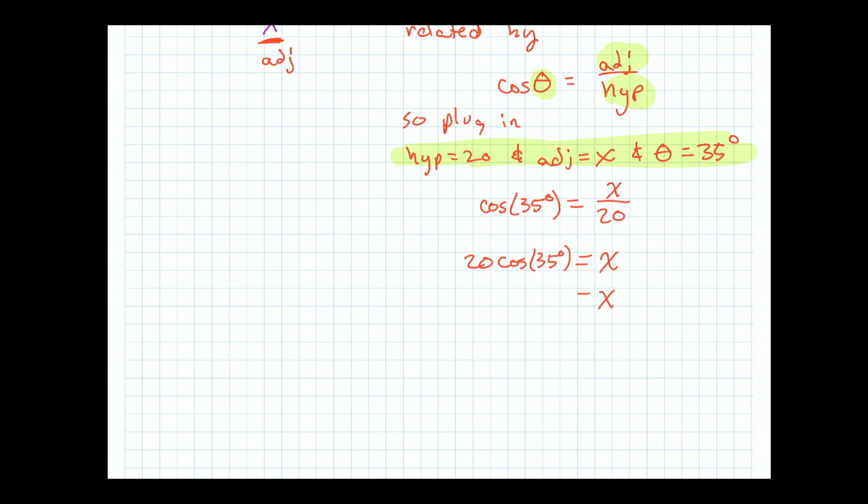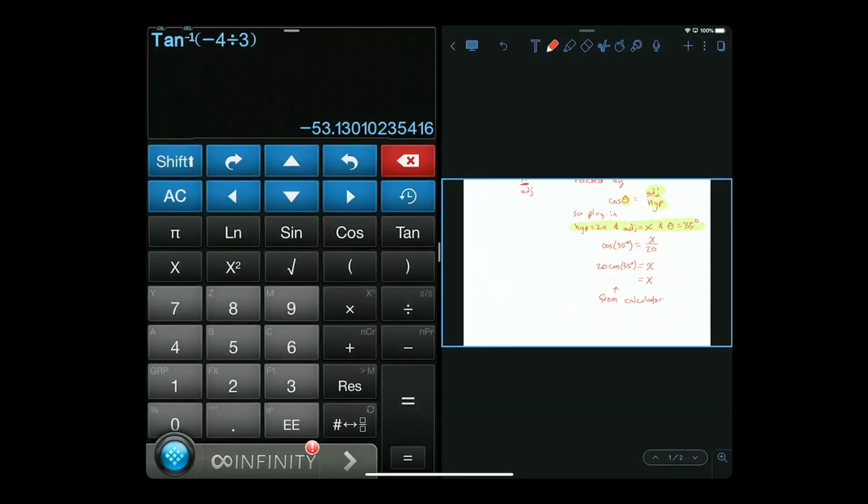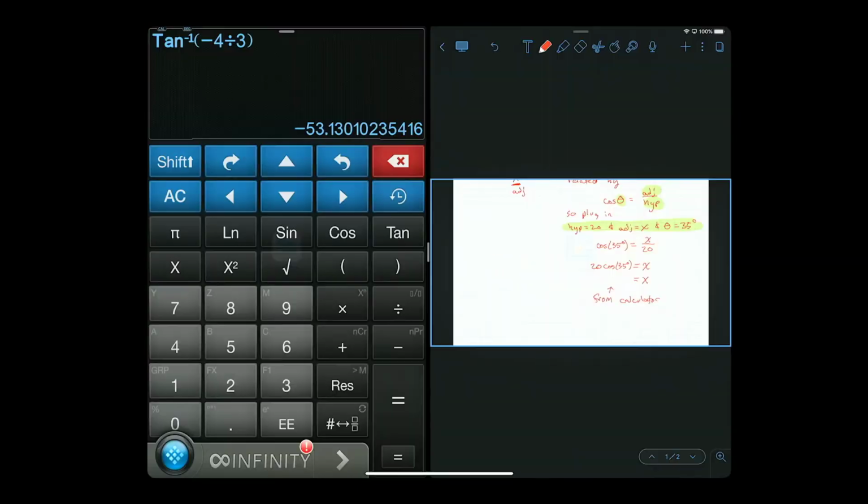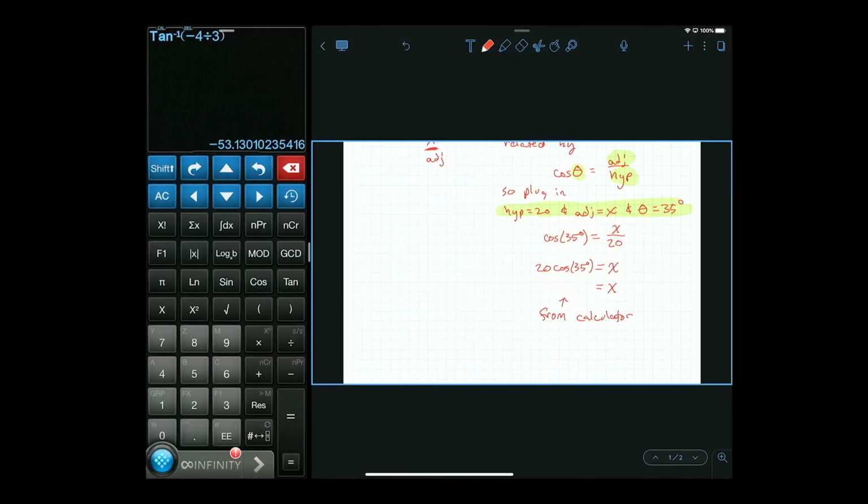From there, you just need to calculate it, right? So you use a calculator. So let's see if I can do this properly. We need to calculate 20 times cosine 35 degrees. So we make sure we're in degree mode.